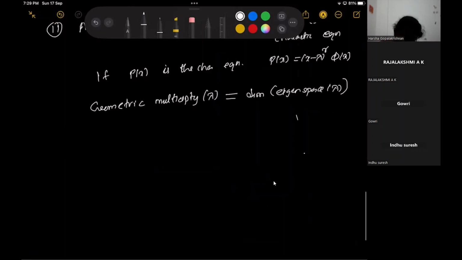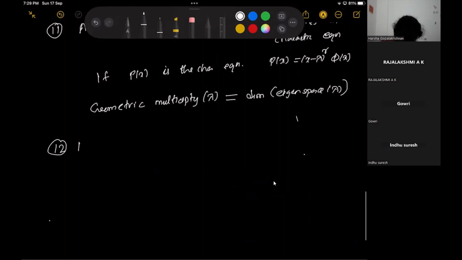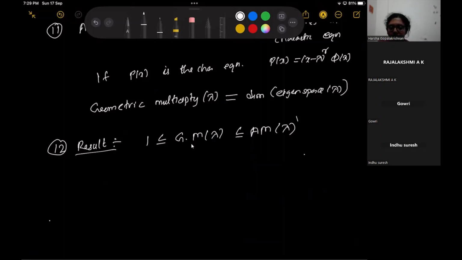And one of the important results is, here in the lecture, it is done without proof. The proof is not so difficult, but we can omit the proof as of now. It says that the geometric multiplicity of lambda will always be less than or equal to the algebraic multiplicity of lambda, and the geometric multiplicity of lambda is at least 1.